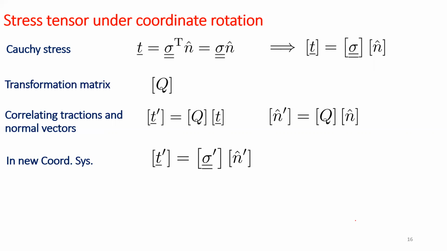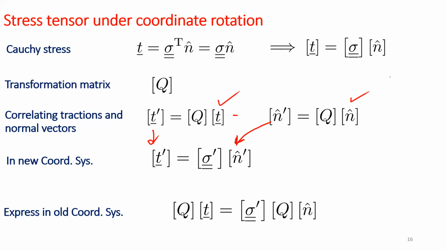So now I'm going to substitute for T prime and N prime using this vector transformation law. By substituting it, I'm trying to express everything in terms of the old coordinate system. Okay, so this is what I have.